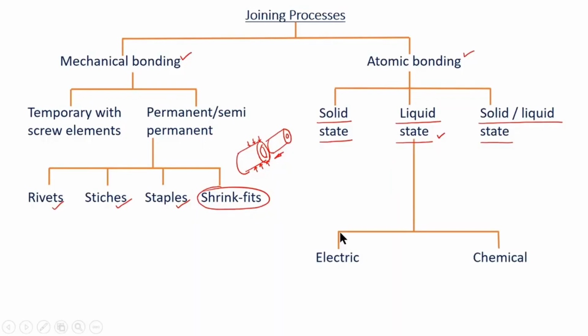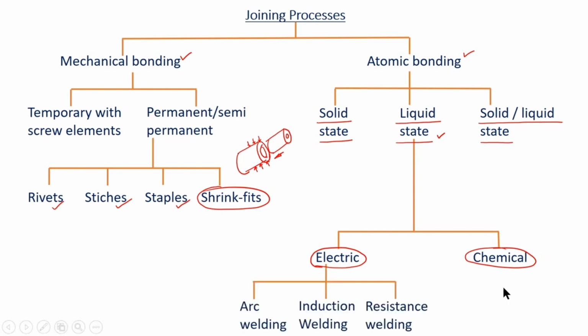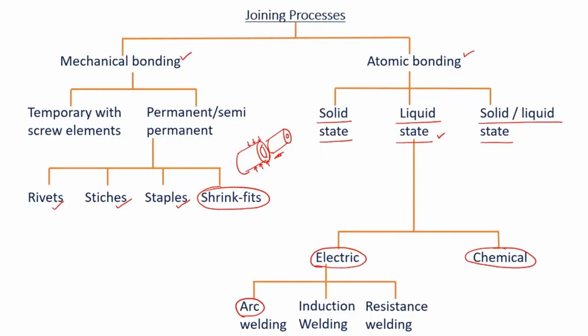The liquid state bonding can further be classified into two groups. First is the application of electrical energy to liquefy the material, and the second group is application of chemical energy to liquefy the material. When we apply electrical energy, we can generate arcs, that is a very common welding manufacturing process, the arc welding process.